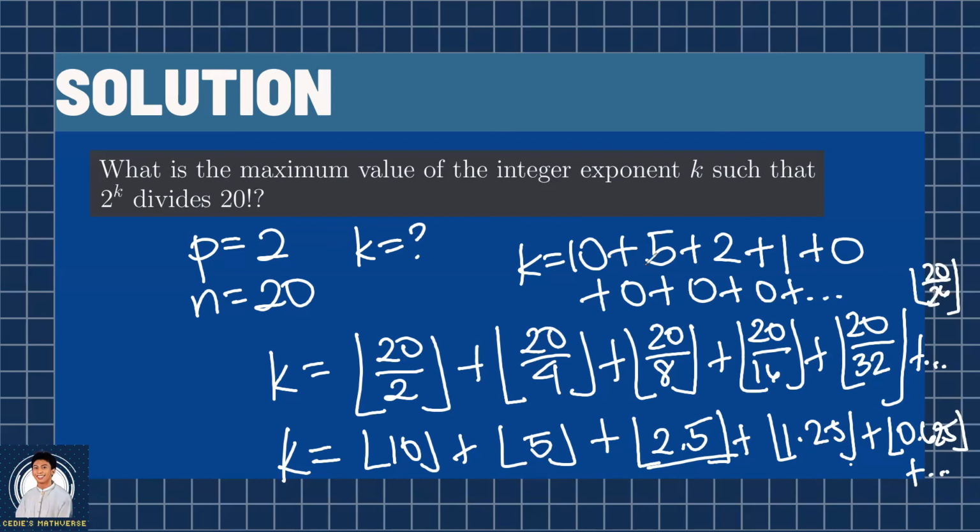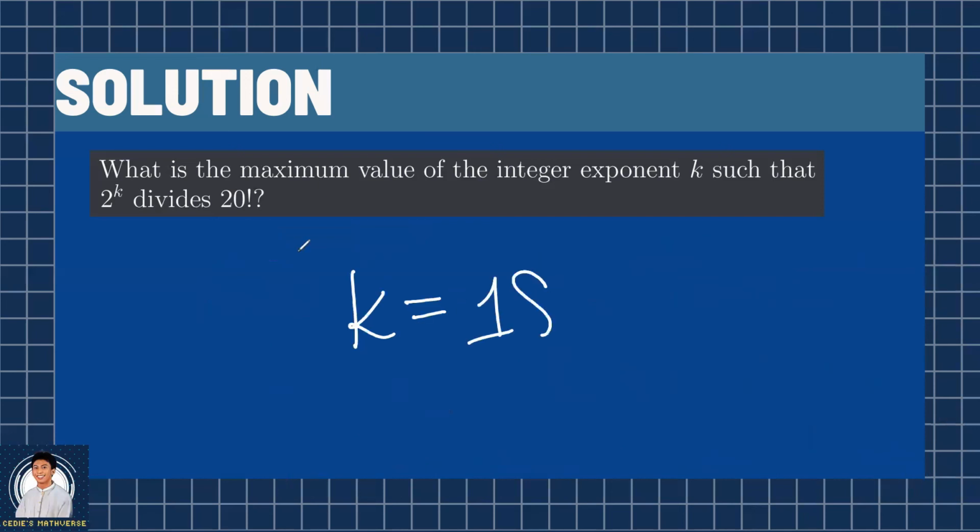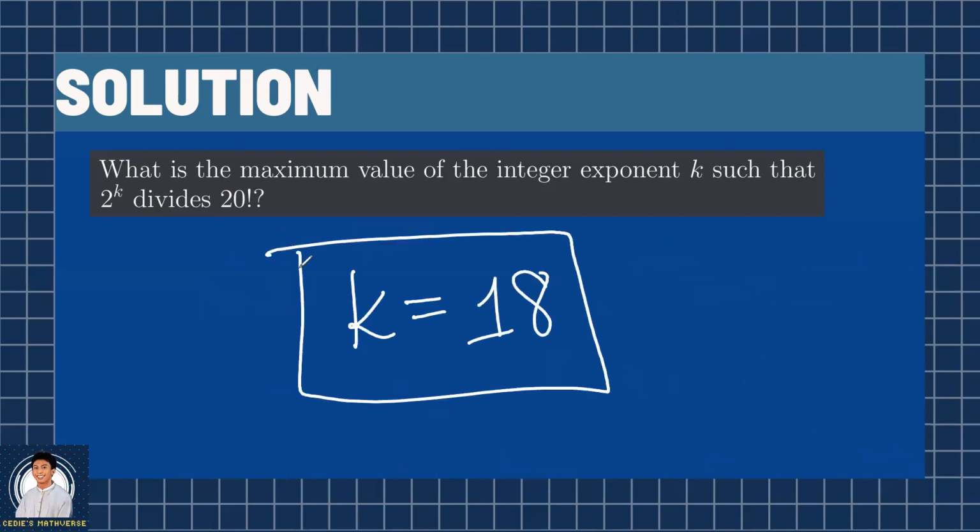And this leaves us with only 4 addends. 10 plus 5 plus 2 plus 1, which gives k equals 18, which is our solution for this problem. So both solution 1 and solution 2 give us the answer of 18.